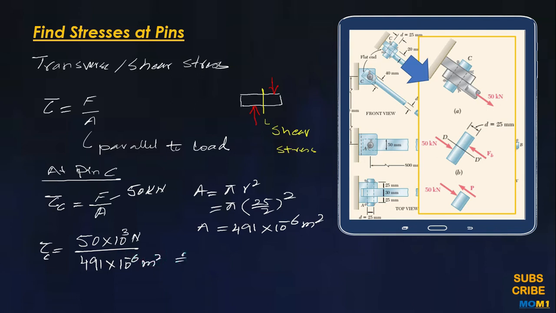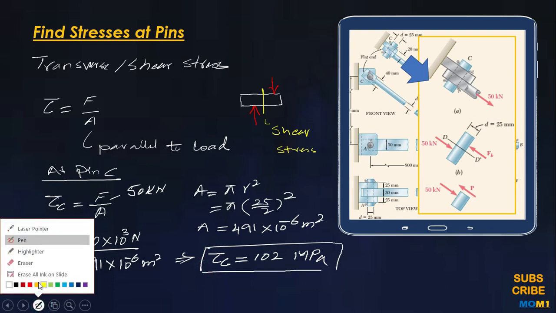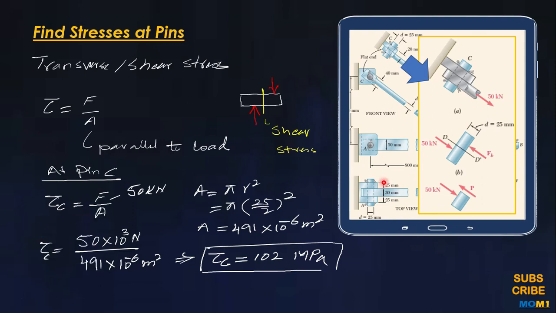So tau C is going to be 102 megapascal, that is applicable, applied on this section or face DD dash.